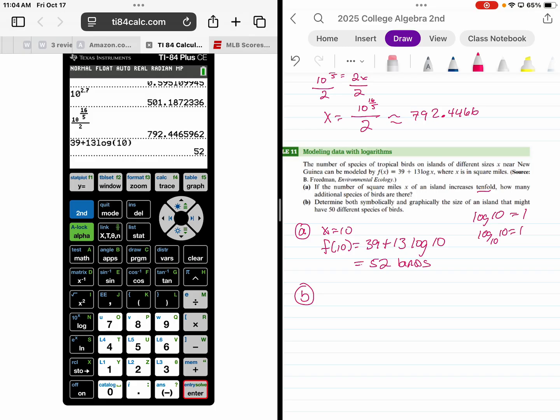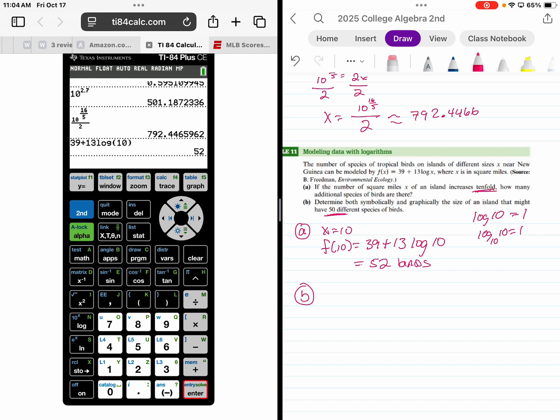We got to figure the amount of miles given the amount of birds. Now the nice thing is, we know our answer is going to have to be somewhere around the tenfold, because putting 10 in there gave us an answer of about 52. So I know it's going to be somewhere around that, probably a little bit less than it, because we have 50 birds here as opposed to 52.